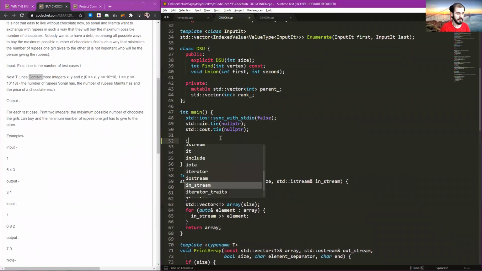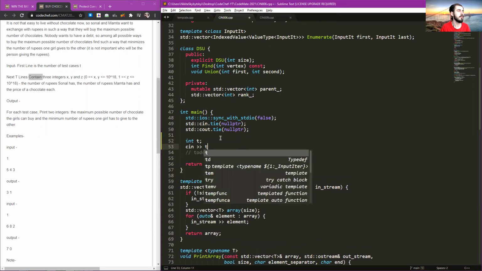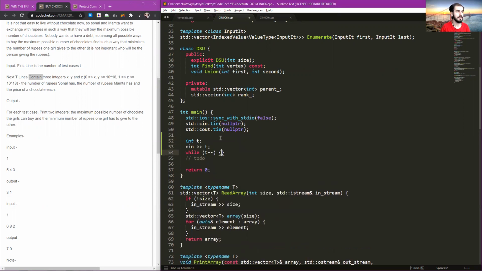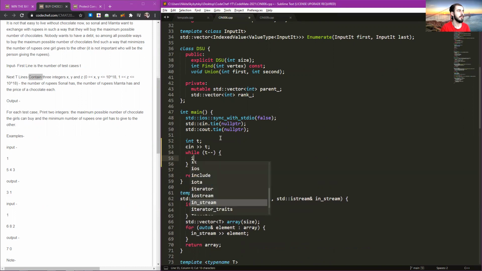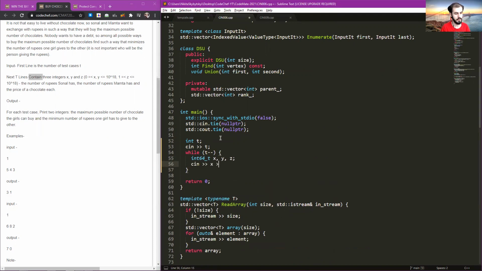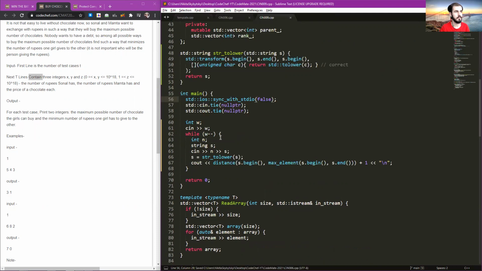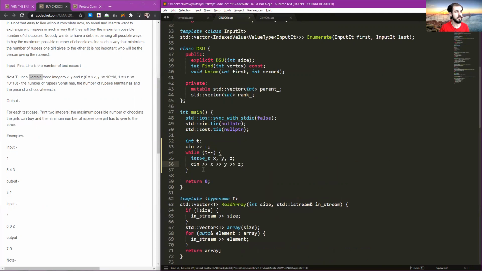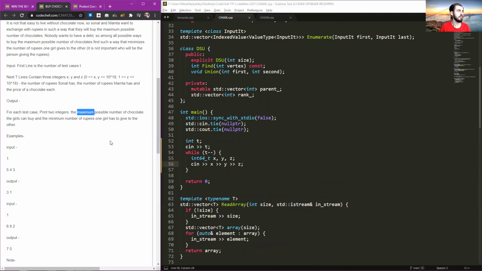Oh, okay, the legend is okay. The first line contains the number of test cases. Then we have 3 longs. Okay, whatever. Print the maximum possible number of chocolates the girls can buy and the minimum number of chocolates. Also, the maximum and minimum number of rupees one girl has to give to the other. Okay.